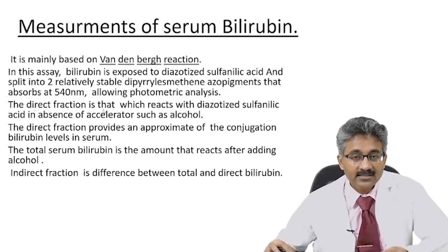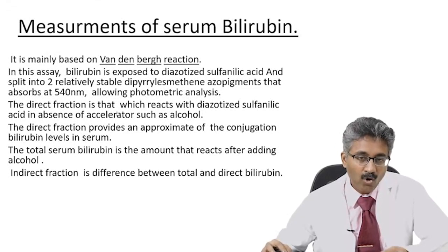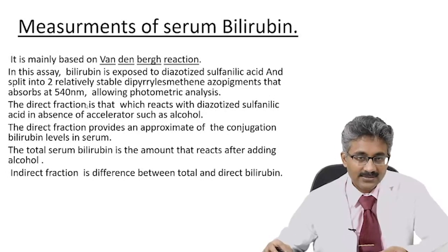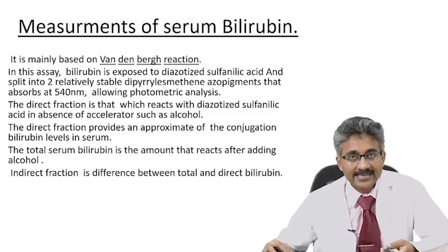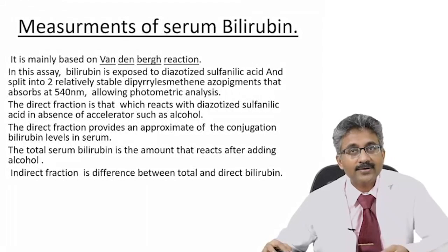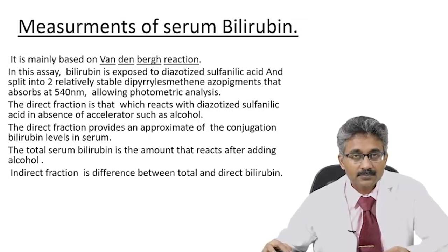See, the direct fraction is that which reacts with sulfanilic acid in the absence of an accelerator such as alcohol. Then you will add alcohol. Then the amount of bilirubin which reacts is the total serum bilirubin. So without alcohol, just sulfanilic acid, is the direct. Then with alcohol is the total. Then you subtract direct from the total, you get the indirect bilirubin. So this is how you measure by the Van den Bergh reaction.